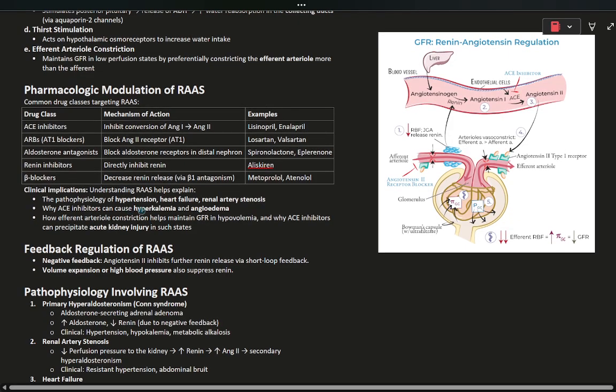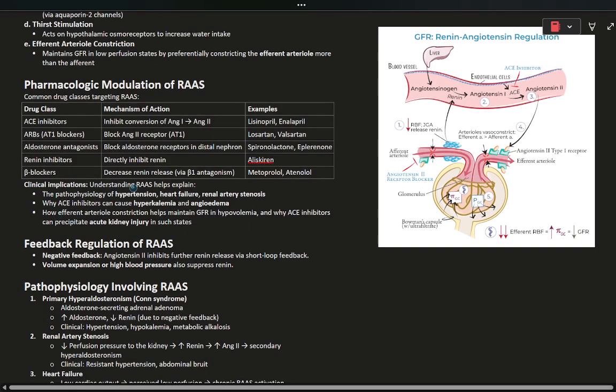At least for the hyperkalemia part, you know that ACE inhibitors ultimately lead to decreased release of aldosterone, thereby preventing more excretion of potassium. So one danger is increased potassium in the blood, so hyperkalemia.